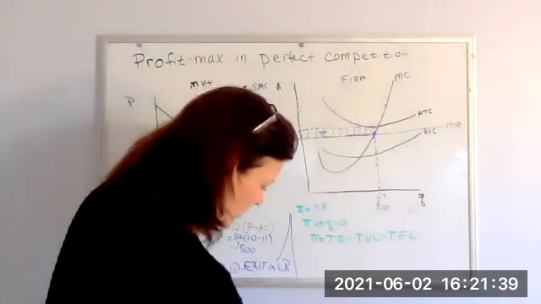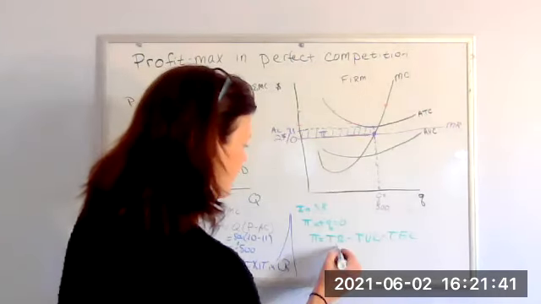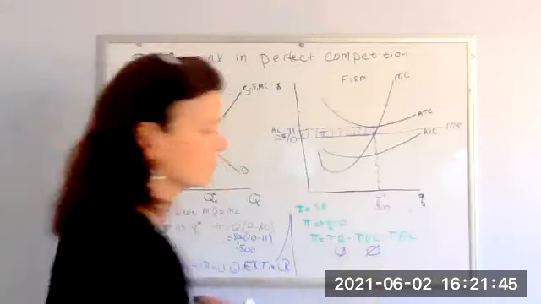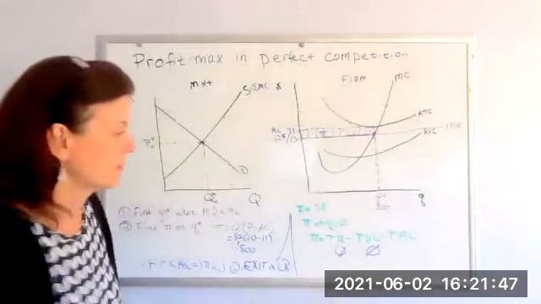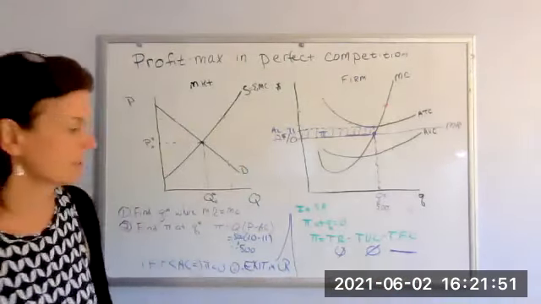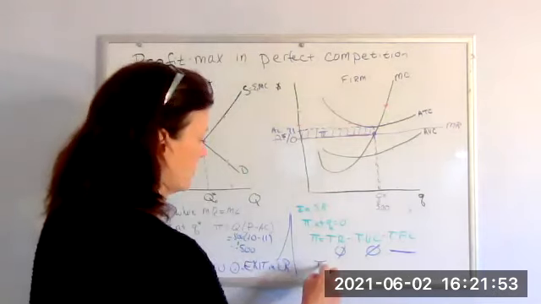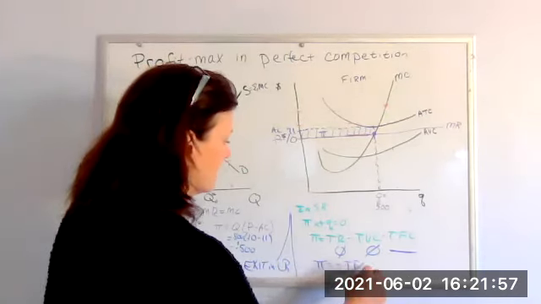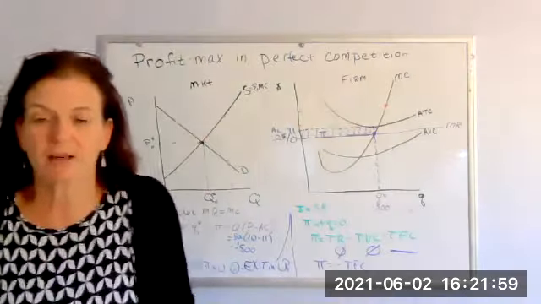So we know that if I make nothing, my revenue is 0. We know if I make nothing, my variable costs are 0. But if I make nothing, I've still got my fixed costs. So in the short run, if I produce nothing, my profit is equal to the negative of my fixed cost.